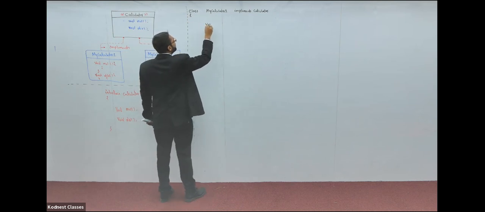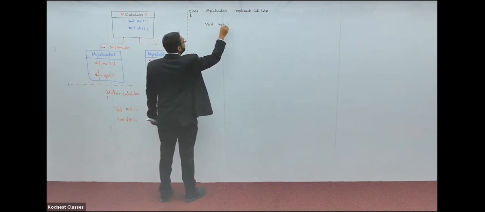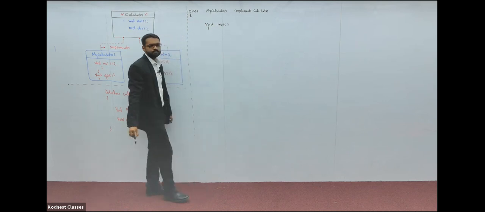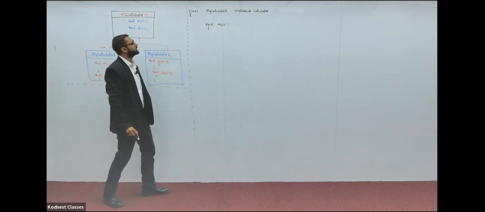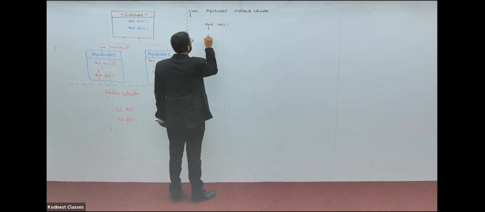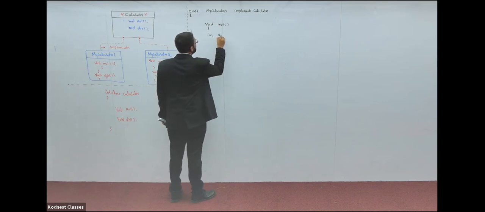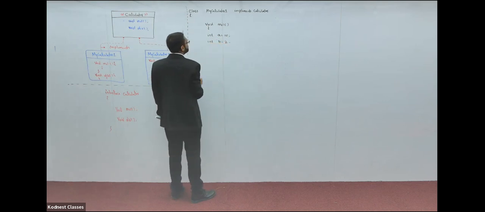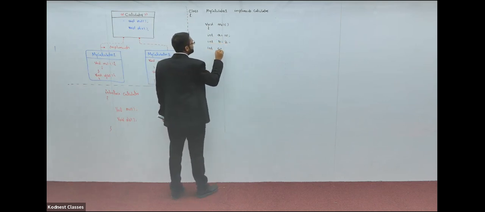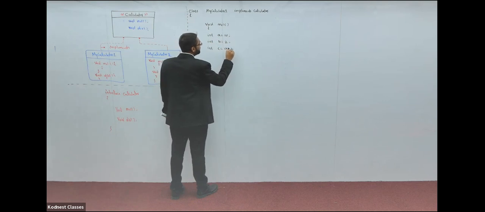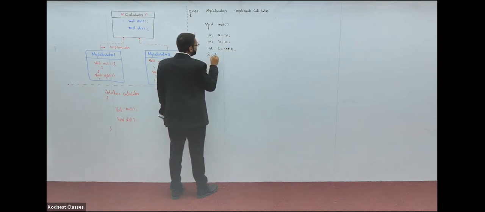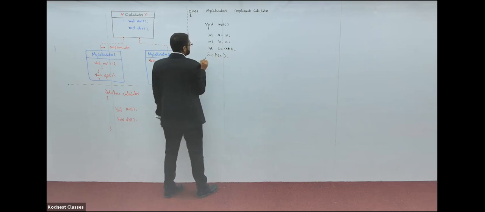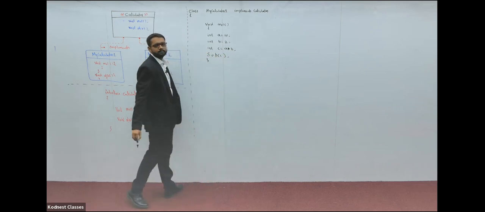I will tell void mul. Maybe here I would tell int a equals 10, int b equals 2, int c equals a multiplied with b, System.out.println(c). This is the body I am giving for mul.